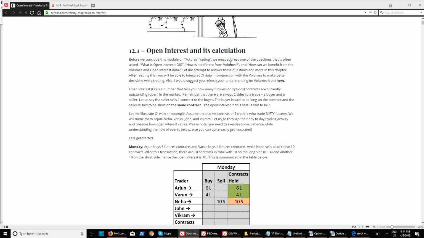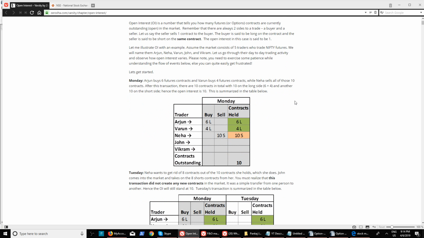All right, so let's understand this with a small example, so that I can make my point very clear. Buyer A wants to buy 6 futures contracts, and B also buys 4 futures contracts, whereas the third person, C, sells all those 10 contracts.